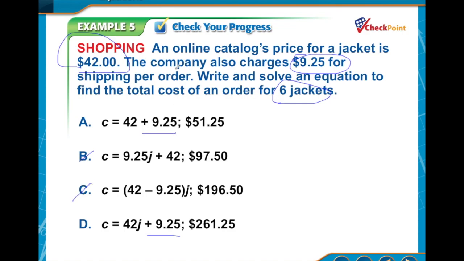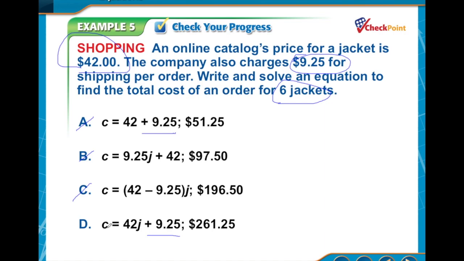Now we also know that the price for a jacket is $42, but we're buying 6 of them. In other words, it'll be $42 times some variable that represents the number of jackets that we buy. So 42 times some variable, we can call it J for the number of jackets. 42J will be how much it costs to buy any number of jackets. So if we look at our available options, only D has 42 times J. So A is also out. And if we want to double check, we can see here that this makes sense.